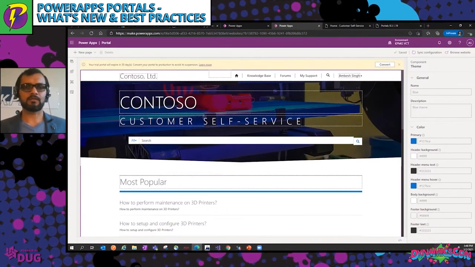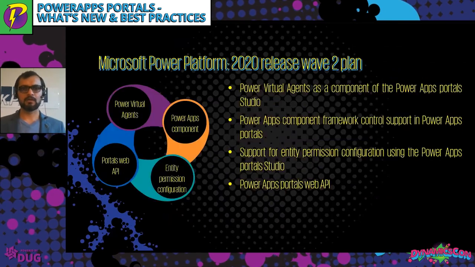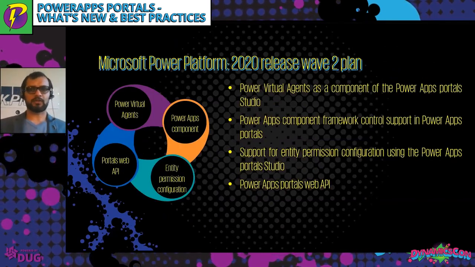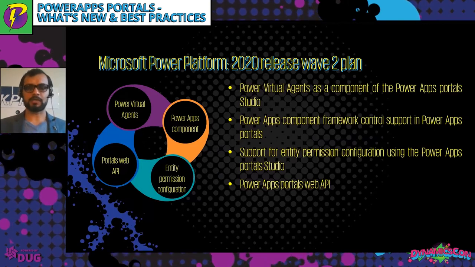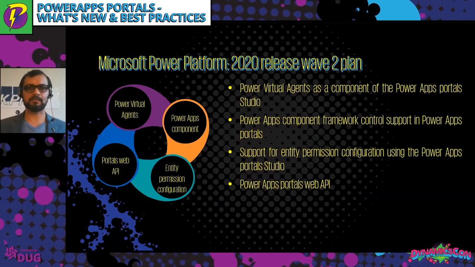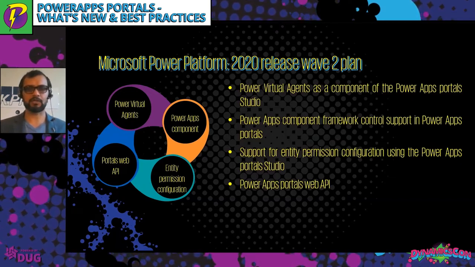Okay, let's go back to the presentation. 2020 Wave 2 features are planned to release from October 2020 through March 2021. These features are enabled for admins, makers, marketers or analysts, and are available automatically.